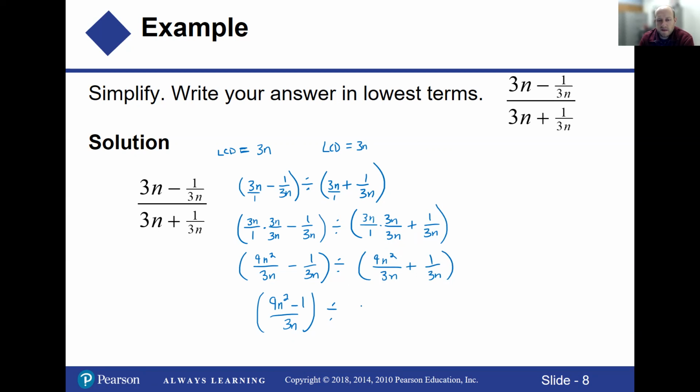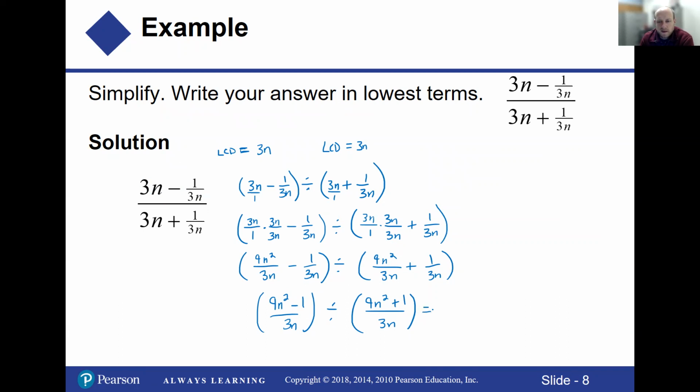And now, since I have a common denominator, I can go ahead and add the numerators. So I have 9n squared plus 1 on top and 3n on the bottom. Now that these are both a single fraction, something over something, I can change this division to multiplication and flip the second one.